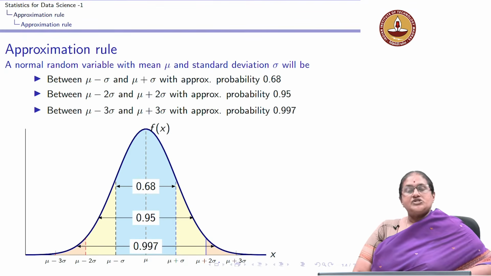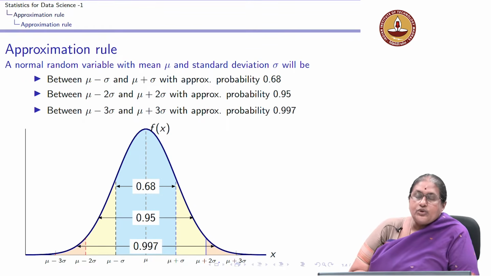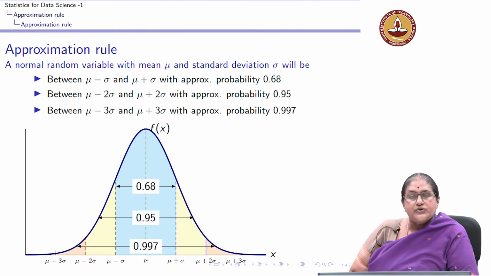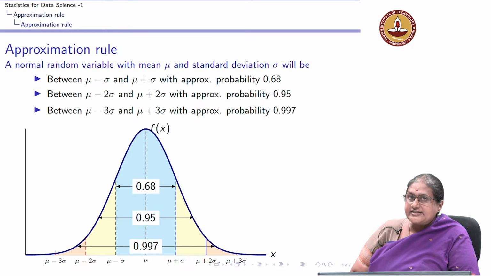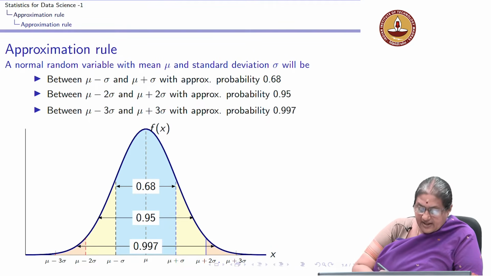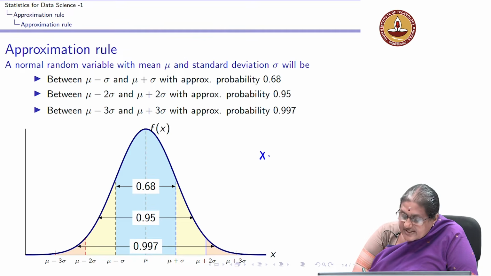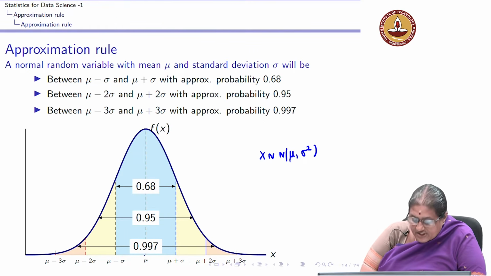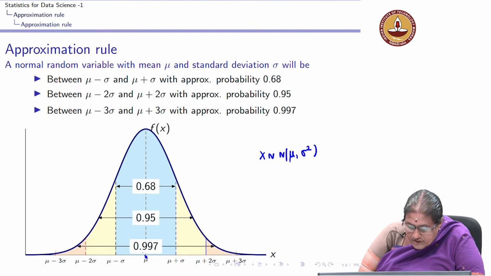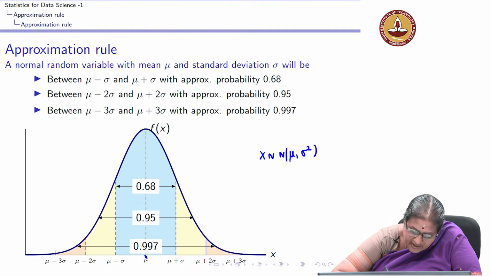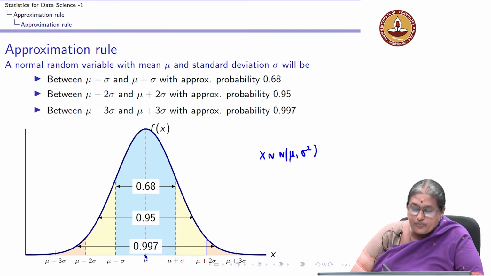One of the most important things to notice about a normal distribution is what we refer to as the approximation rule. We have seen that given x is a normal with mean mu and variance sigma square, when I am plotting my f of x, it is symmetric around mu and bell shaped.